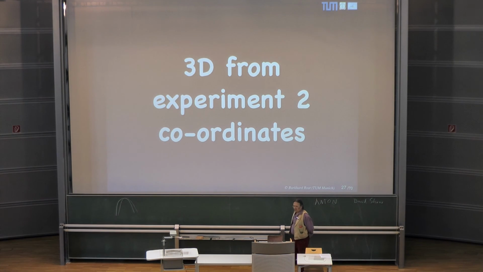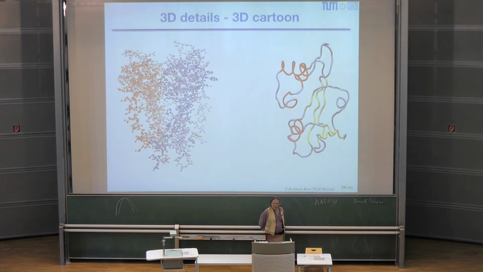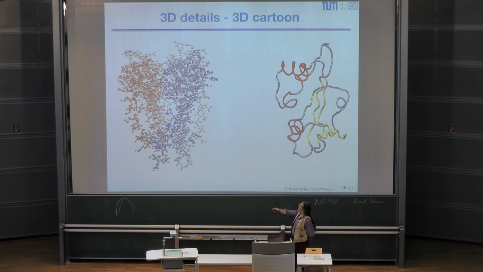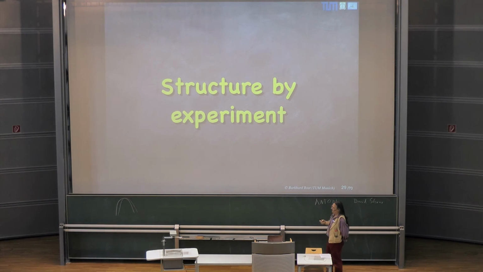Now, let's get to the issue of how do we determine experimental structures. Those are sort of the residue level, the trace chain seen here. Do you have any idea how you do structures experimentally?